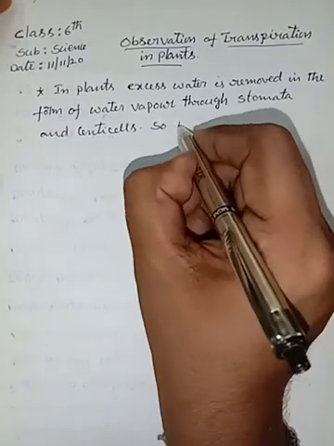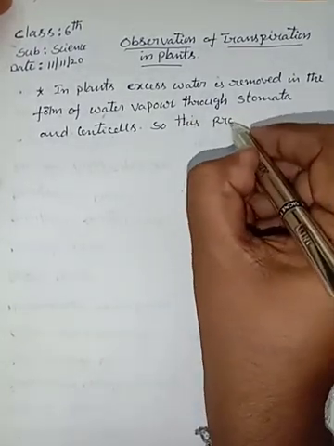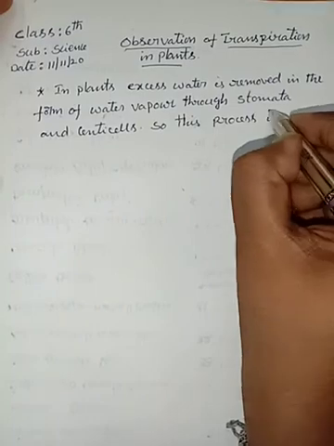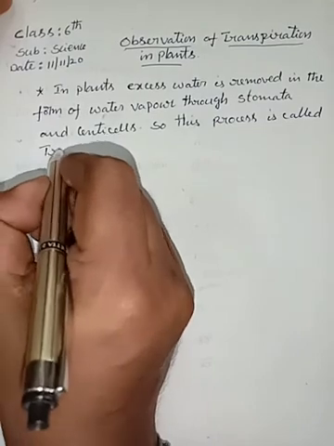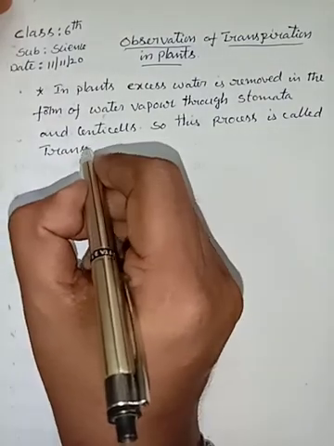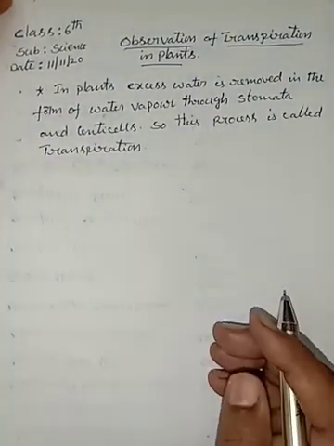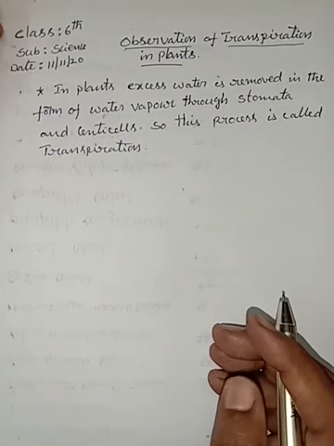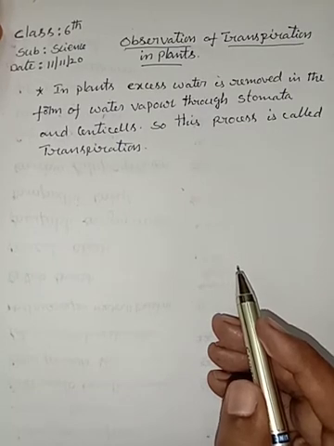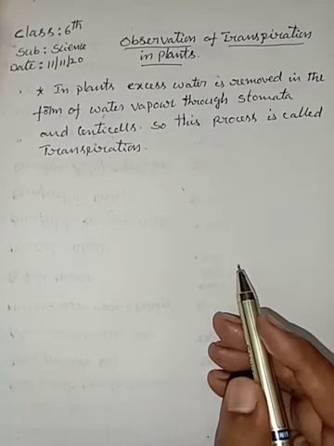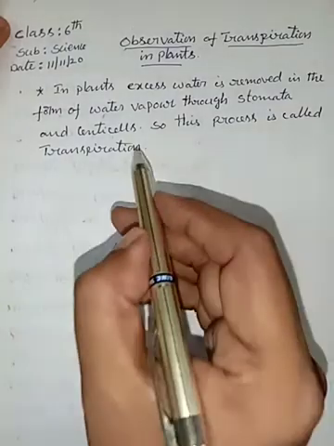This process is called transpiration. Okay, children. In plants, excess water is removed in the form of water vapor through stomata and lenticels. So, the removal of excess water in the form of water vapor is called transpiration.